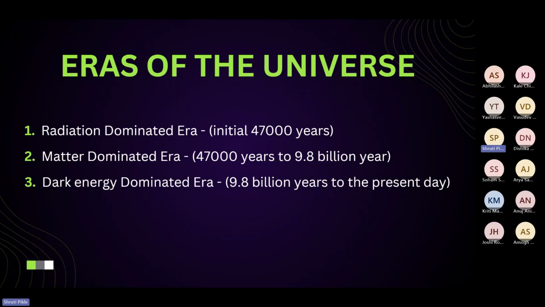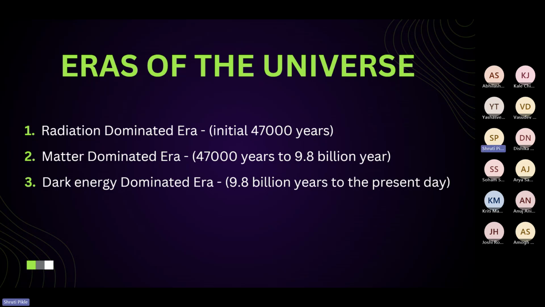So the first protons, neutrons, and electrons were all born in this era, which combined to form the atoms, which in turn combined to form the molecules. Right? So the first galaxies, planets, and solar systems were seen in this era. So our galaxy was also born in this era, right?